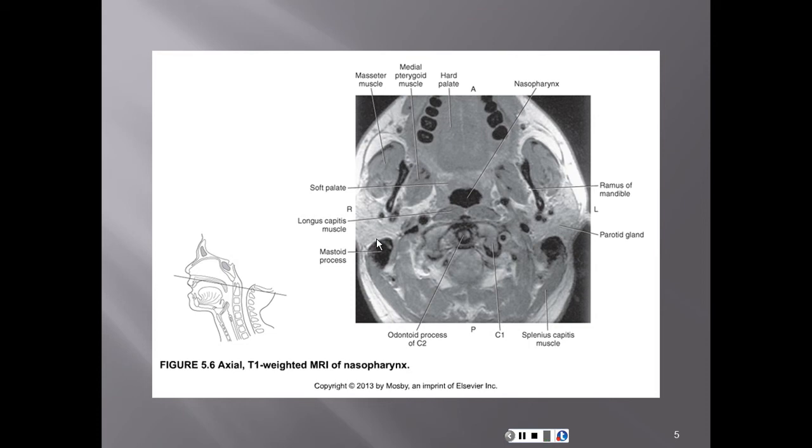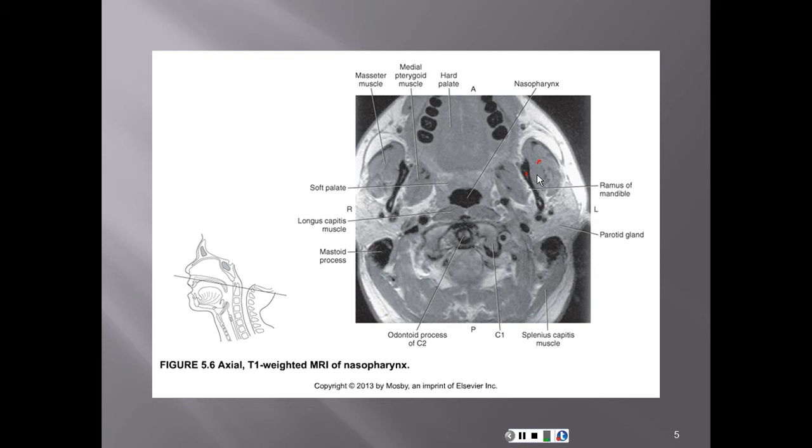This is a T1 axial MRI, which identifies some of the muscles of mastication, which we discussed during the face. I'm trying to orient myself. This is page 254, and readily identify the mandible right there, and then you can readily identify the masseter muscle right there.